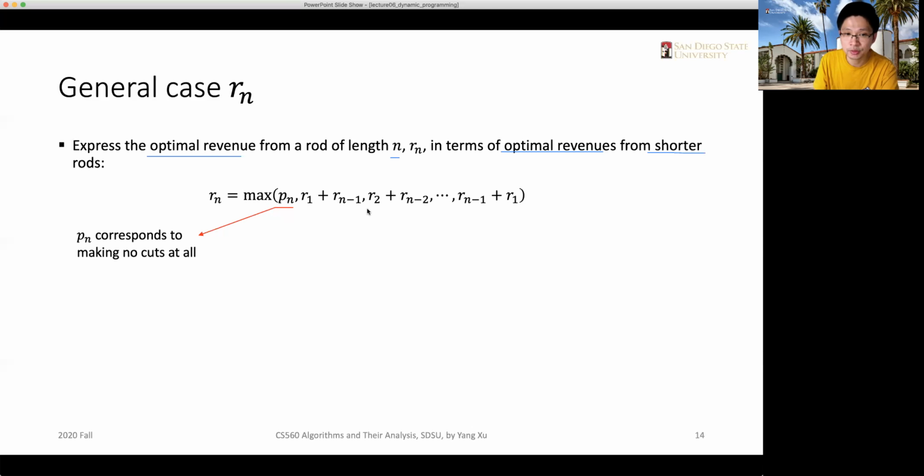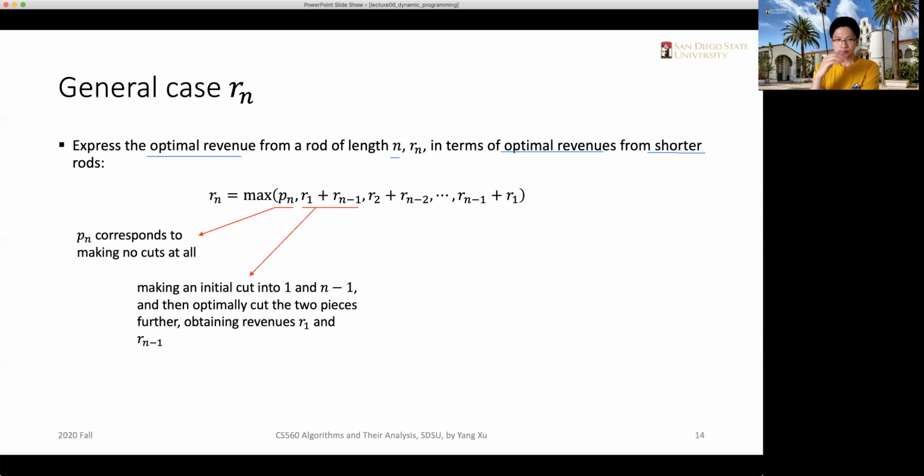So these include all possible ways of doing the first cut on a rod of length n. The Pn corresponds to the choice of not making any cut at all. That's directly solved, that is, to directly sell the rod of length n.